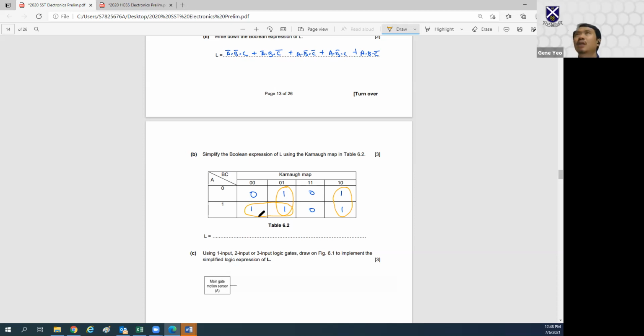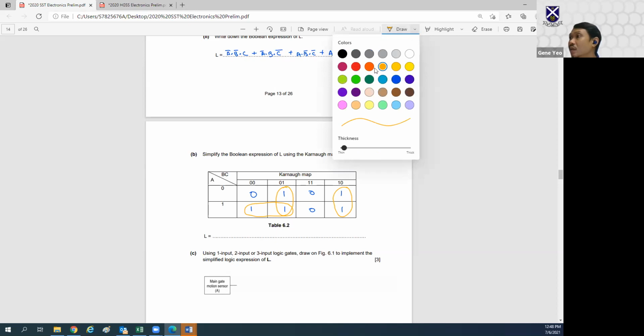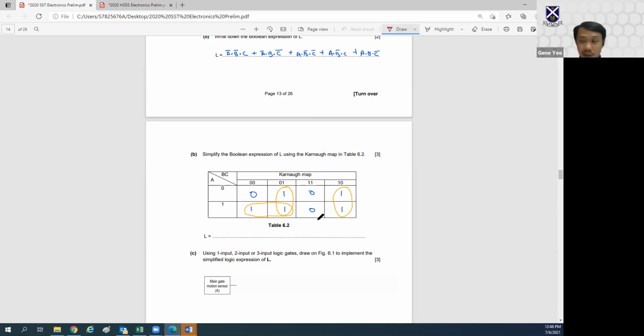Okay. Now, I kind of suspect that some of you would want to do this. Some of you would want to do this because you say, aha, the more groups, the better. And I can form one more group here and one more group here. Okay. But this is not right. Not because these two cannot be grouped.